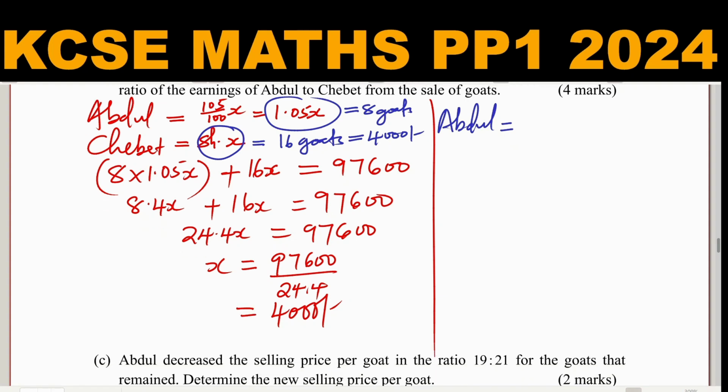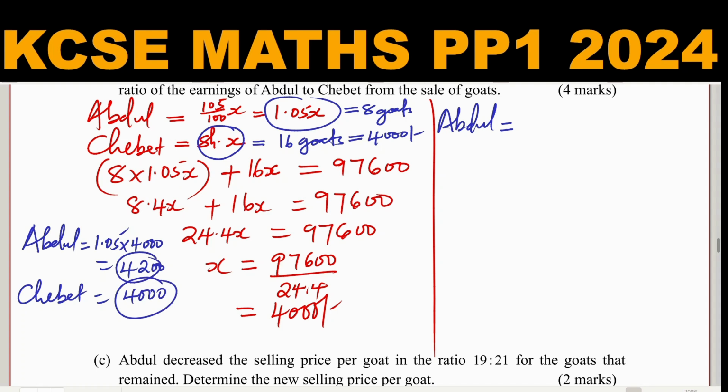So Abdul, we have X is 4,000. So 1.05x, that is times 4,000, and this one will give for Abdul 4,200. Then Chebet, selling price was x, and we have already obtained x as 4,000.